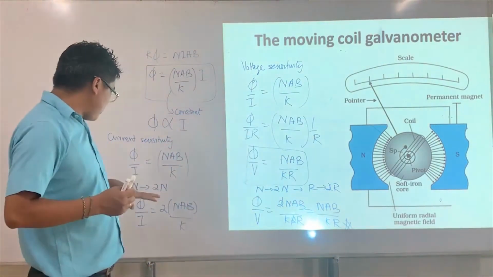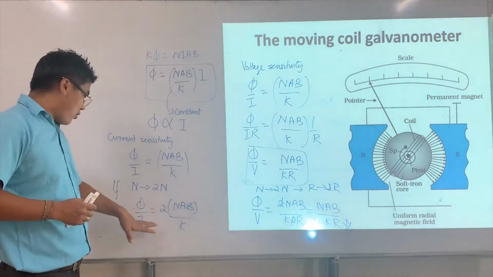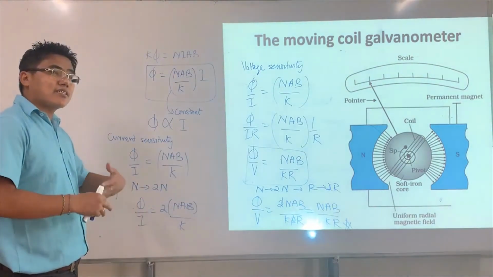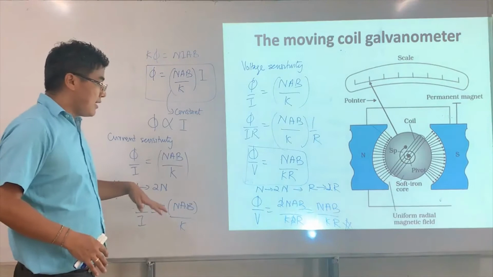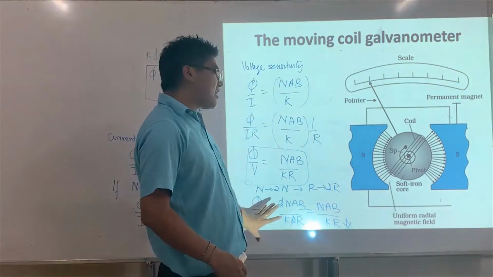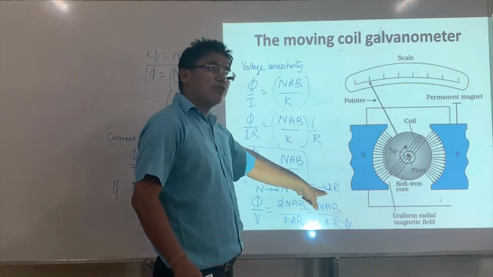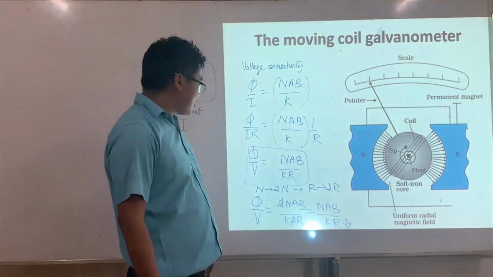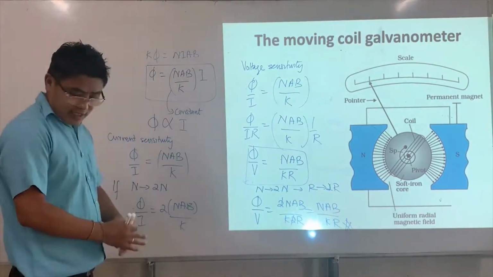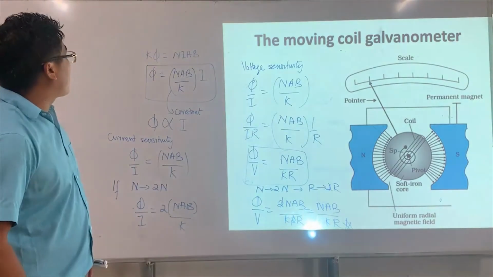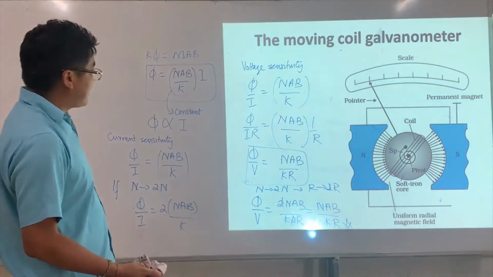If N goes to 2N, current sensitivity is going to double. However, voltage sensitivity remains the same. Why? Because if N increases, R also increases, so the ratio remains the same. So this is for voltage sensitivity and current sensitivity.